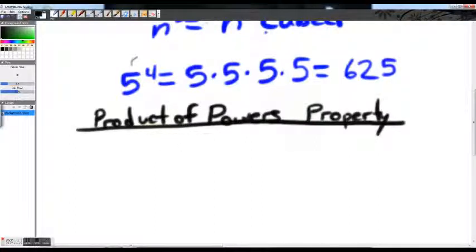This applies for all integers m and n, and for all real numbers x. x to the m power times x to the n power is equal to x to the m plus n power.